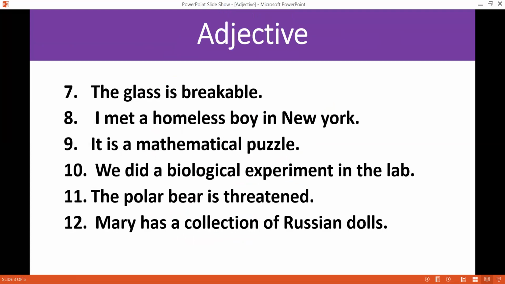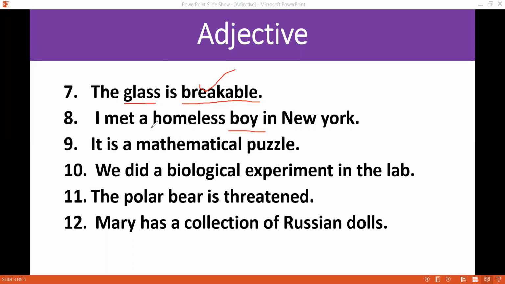Here are some other sentences. The glass is breakable. Glass is a noun. The word used to explain it or tell us the quality of the noun is breakable. This breakable is an adjective. I met a homeless boy. Boy is a noun.